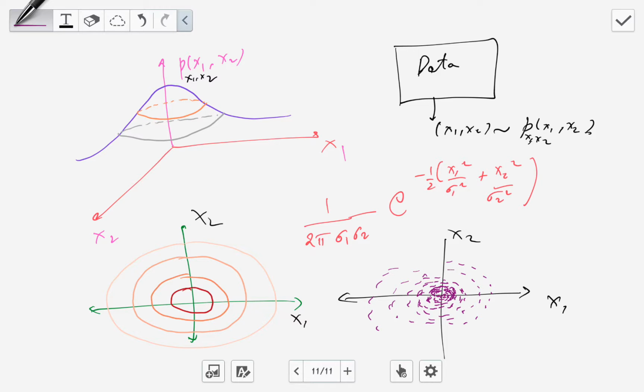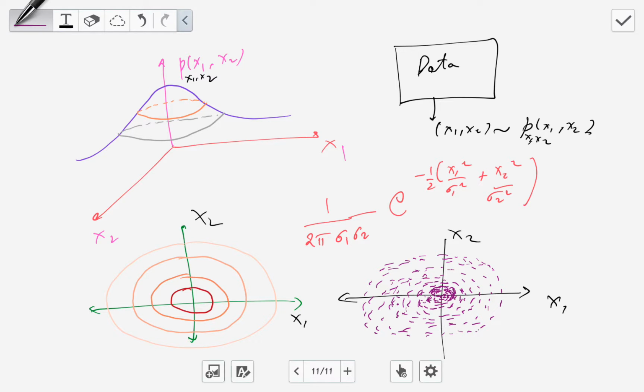Because the colors are light, the probability of getting there is very low. The probability here is very high. As you are moving away, the probability is decreasing.